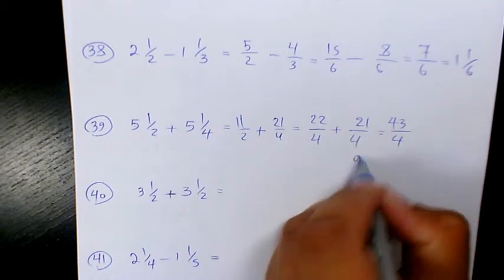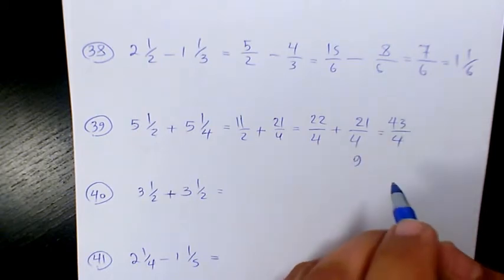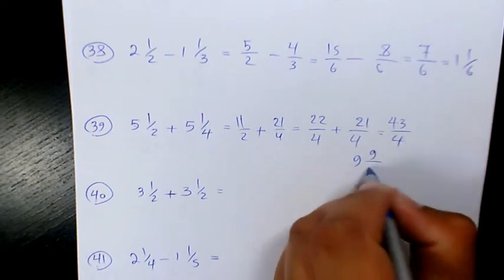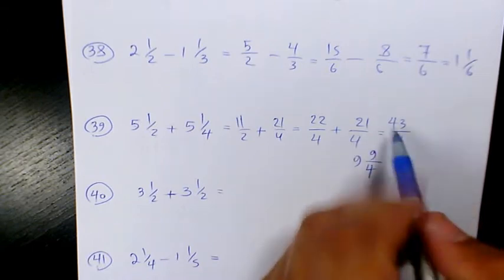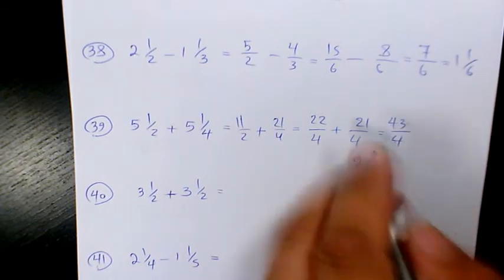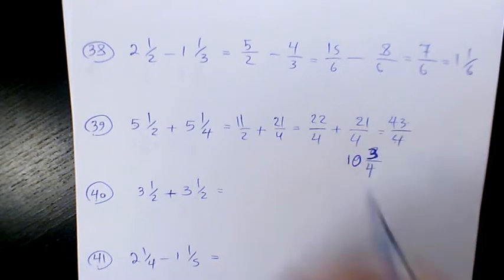Which is going to be 9. 9 times 4, 36. 43 minus 36 is going to be 9 over 4. That's actually, 43 divided by 4 is going to be 10 3/4, because 43 divided by 4 is going to be 10.75. That's going to be 10 3/4.